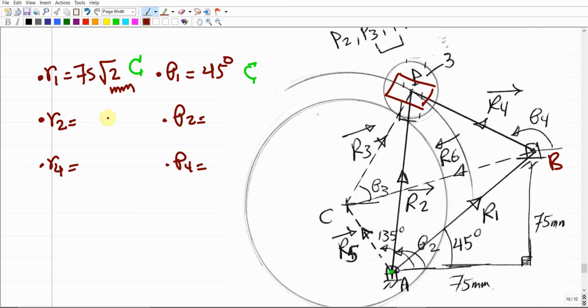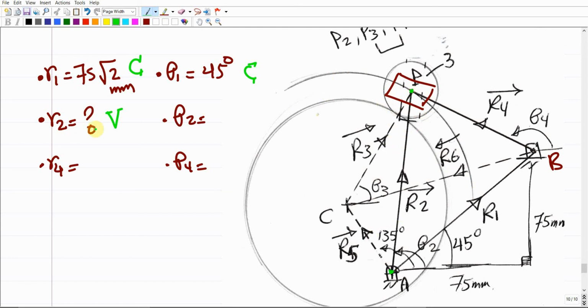So this should be one of the unknowns for now, for the instant of time. It should be variable, as we agreed before, that as this point P moves over this curved path, the distance between P and A is going to change.